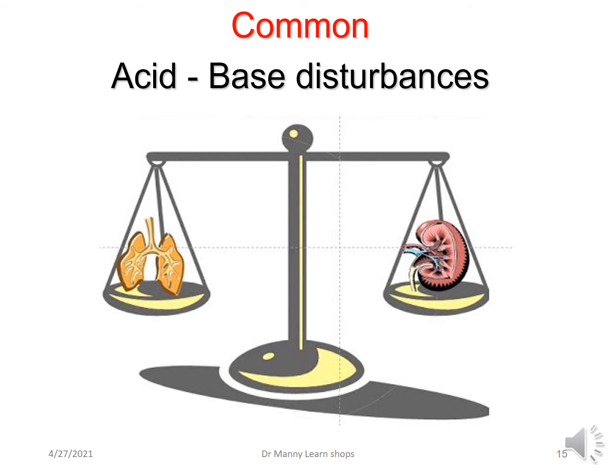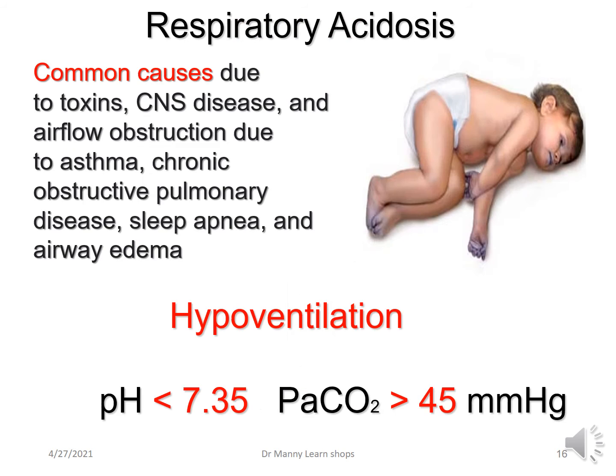Now let's look at some of the common acid-base disturbances. The first one that we'll look at is respiratory acidosis. And as we've mentioned previously, in previous courses, the common causes are due to toxins which may affect the respiratory centre, such as respiratory depressants, opioids, benzodiazepines. Then you've got central nervous system diseases, like myasthenia gravis.